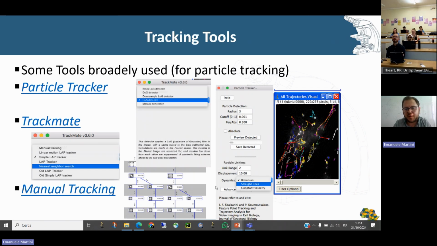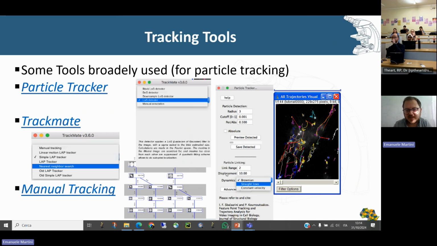And then, for example, here you can set the dynamics you expect, whether random or a constant velocity. So here you are giving some constraints to the algorithm to be better able to find the same particles in each frame and link them well.